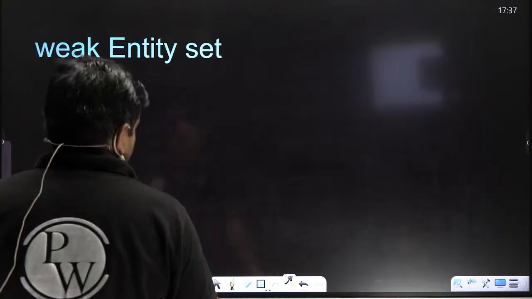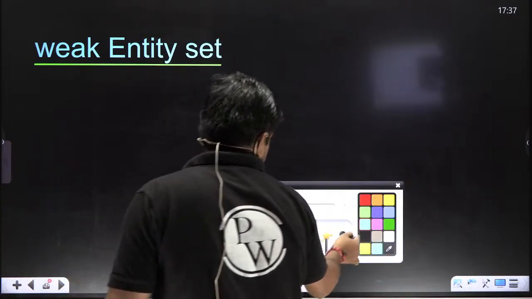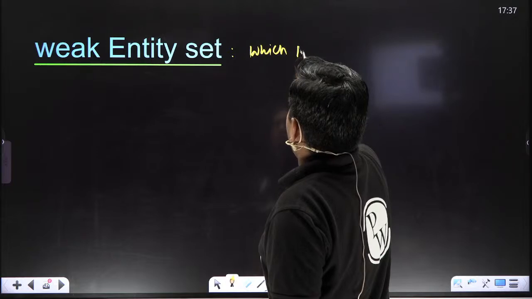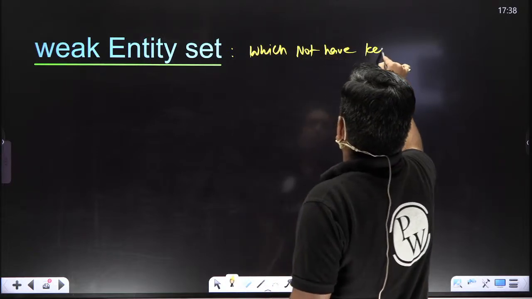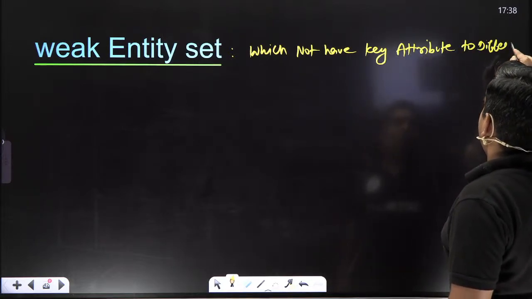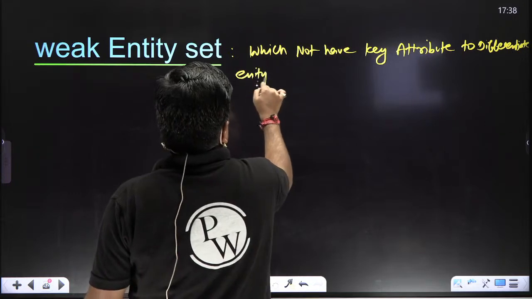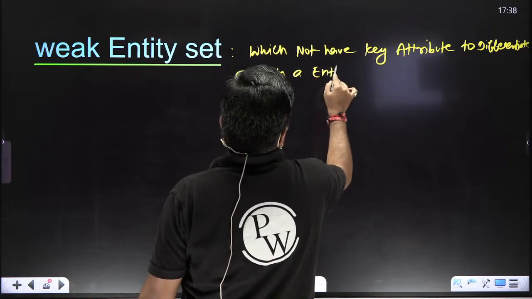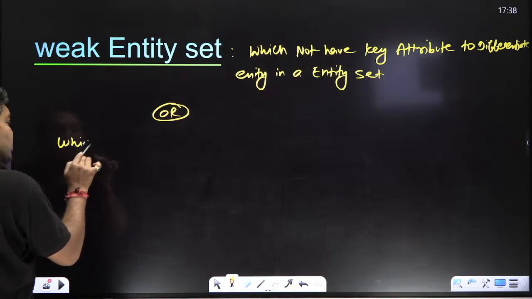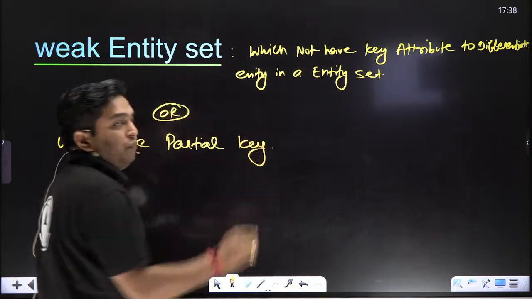A weak entity set means an entity set which does not have a key attribute to differentiate each entity in an entity set, or which has a partial key.